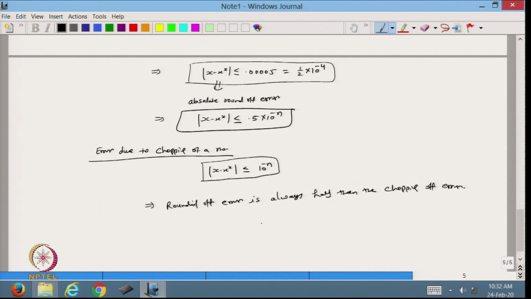That is why we always prefer to calculate the rounding error, because, as you can see, the rounding error is half of the chopping error. So, it is always useful to go for the rounding error.